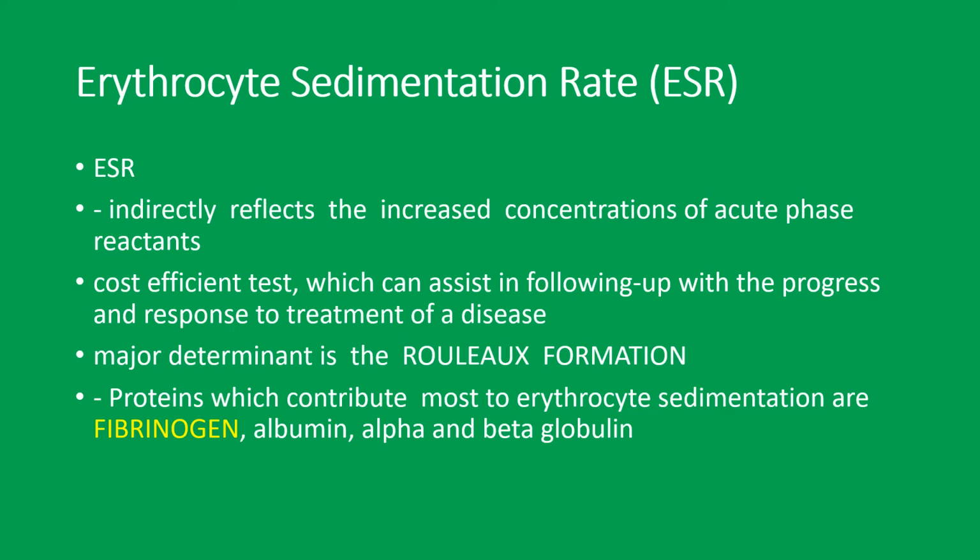The major determinant of your ESR is a so-called rouleau formation, from the French word which means a roll of paper or a cylinder. The protein which contributes most to the erythrocyte sedimentation rate is actually fibrinogen, and to some extent your albumin, your alpha and beta globulin.